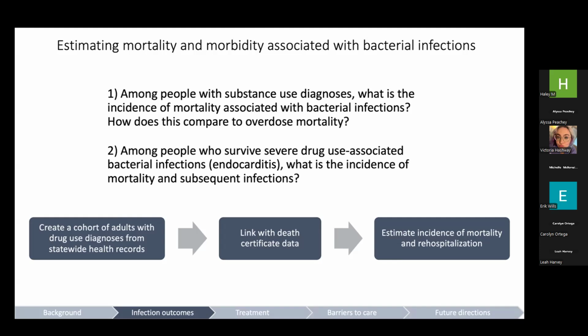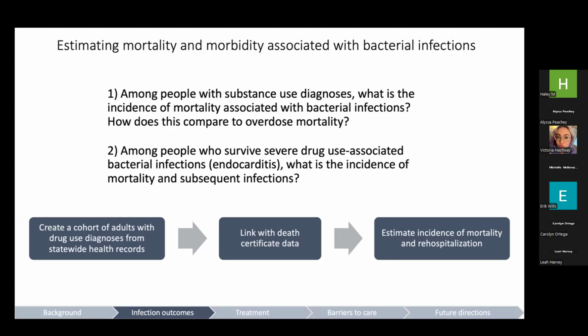And the reason why I'm bringing up these two different cohorts is because they might represent different populations, where people who enter the healthcare system for the first time might have a different long-term incidence of mortality initially, whereas people who have their first invasive infection might have a higher incidence of mortality.